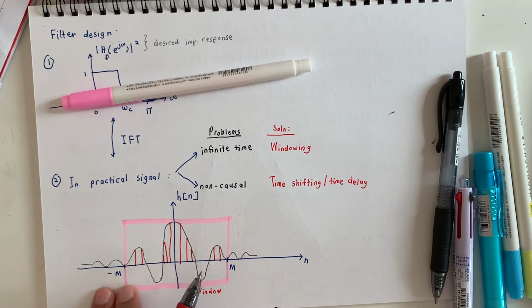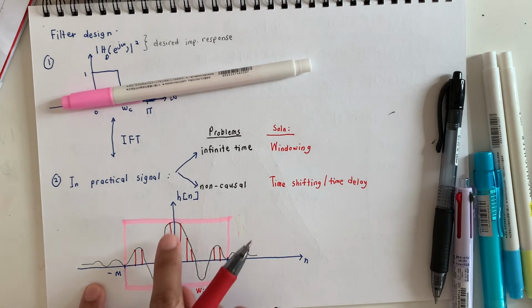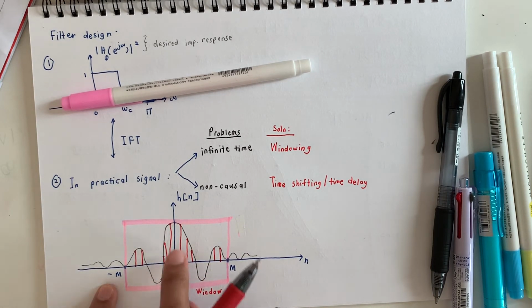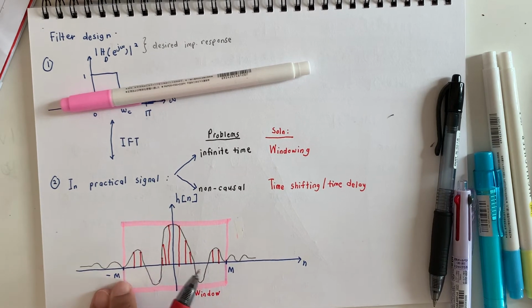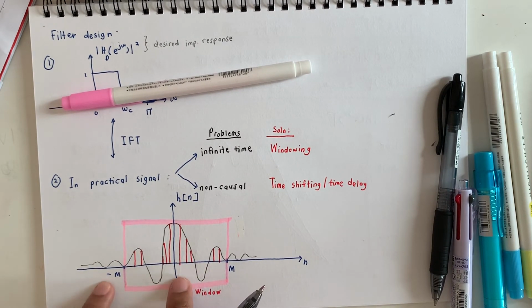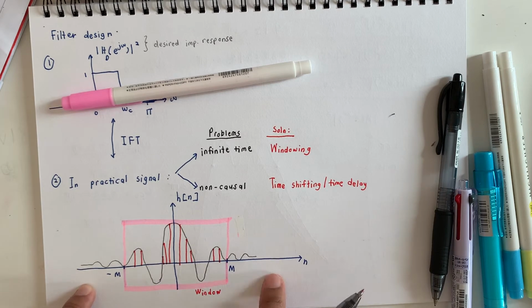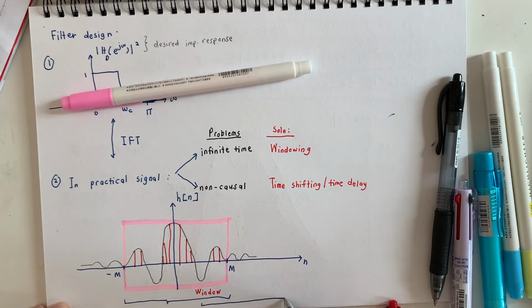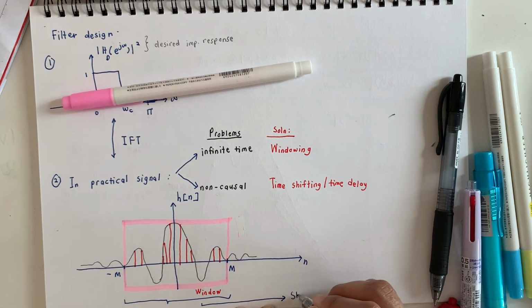Why m? The cause of the non-causal is that we have a signal from -m to 0, so we want to move this part to the right by m. To solve this non-causal issue, we need to shift.